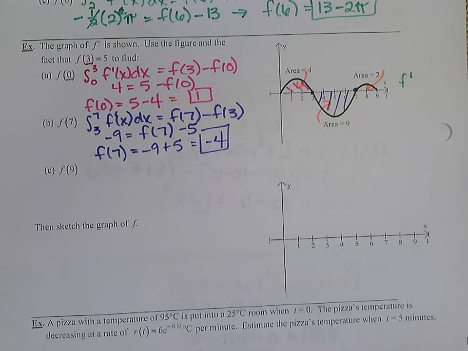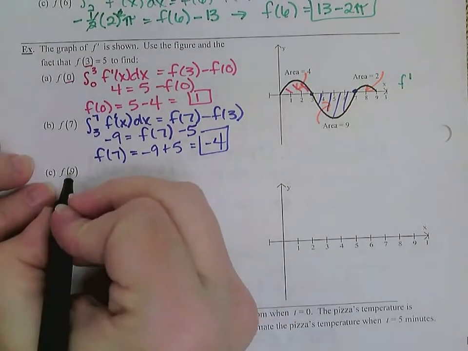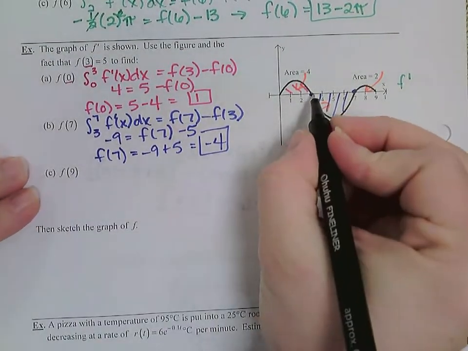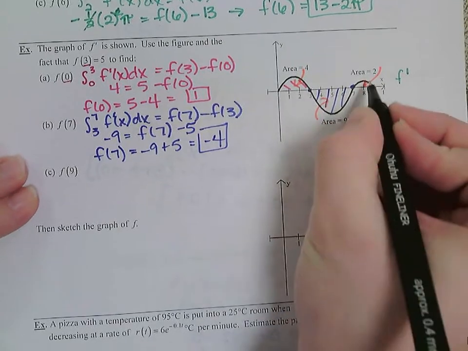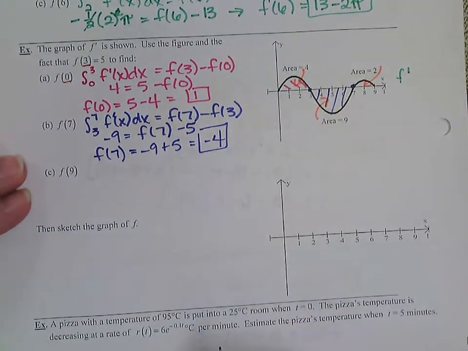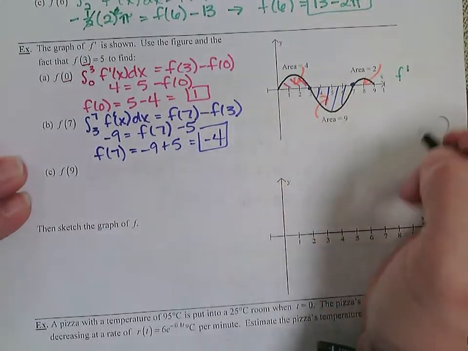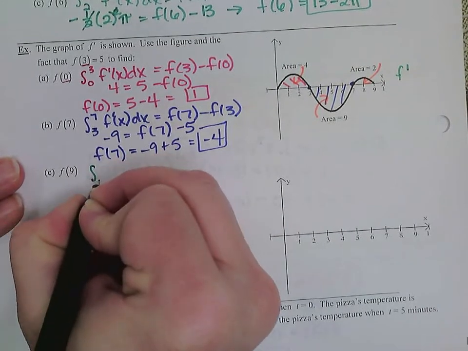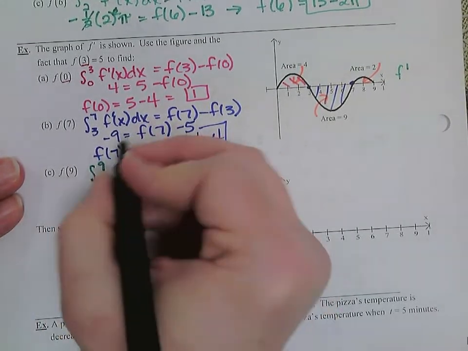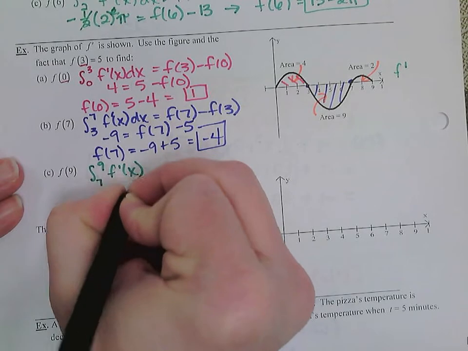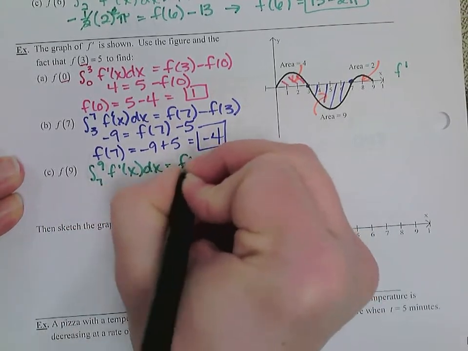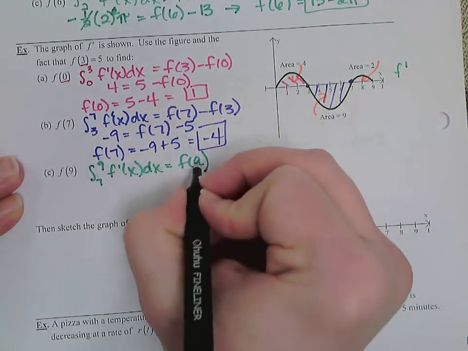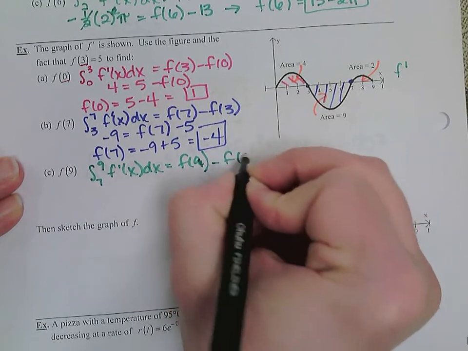And then finally, this last one, we're looking for f of 9. Rather than going all the way back to 3 and having to subtract this region and add this region, since I already know f of 7, I'm going to start there. And I'm going to look at this as the integral from 7 to 9 of f prime of x dx, which would be equal to f of 9, which I'm looking for, minus f of 7, which I know is negative 4 from the previous step.